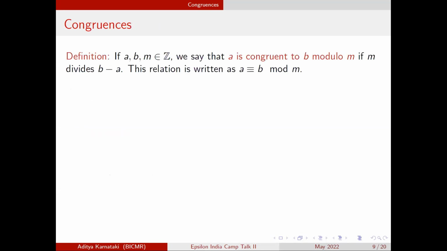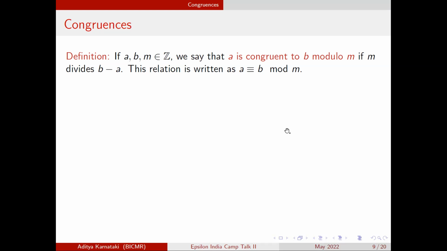Okay, so now we'll go to congruences. The first definition is innocuous enough, simple enough. You have 3 integers A, B, and M inside Z. M is known to be the modulus, in classical language.